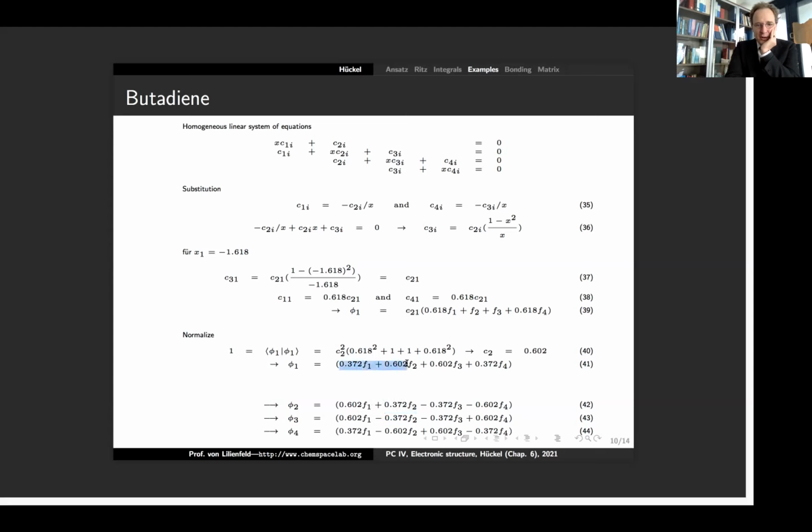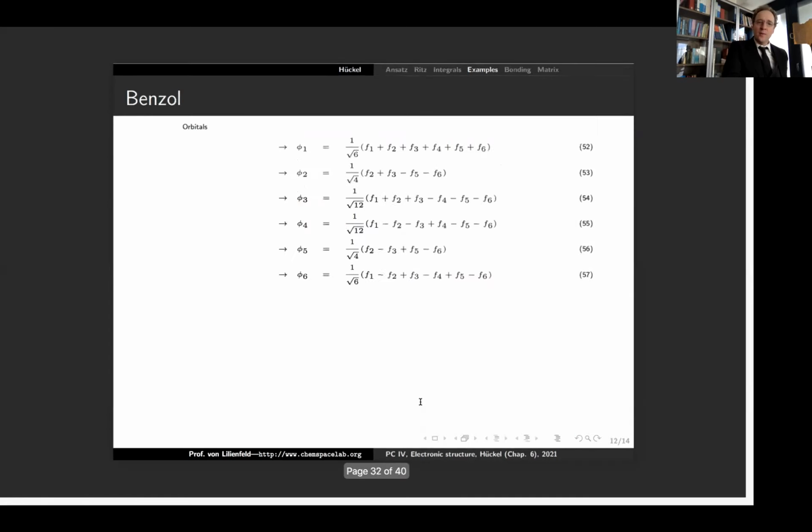So for the 1,2 bond we have the product of these two, and for the 2,3 bond we have the product of these two, which is different from the product of these two, plus the product of these two. And now we get a negative sign here, right? So this would suggest that the electron density in the single bond, in the 2,3 bond, is lower than in the 1,2 bond.